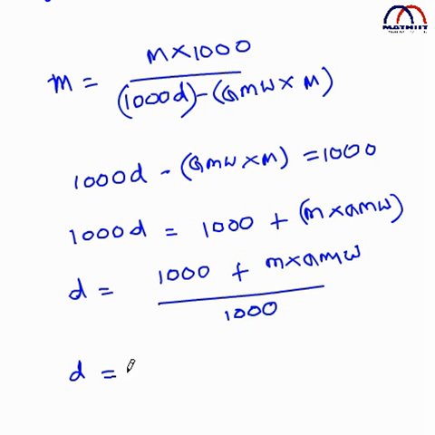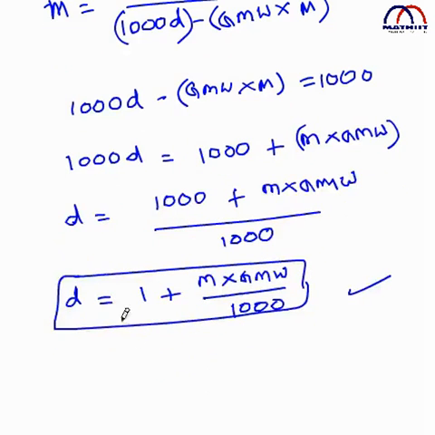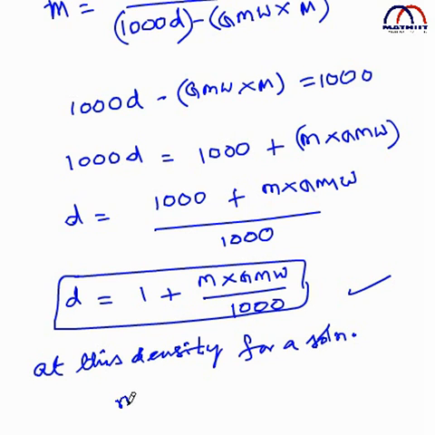This can be written as 1 plus m into gram molecular weight by 1000. Suppose for any solution the density satisfies this condition, at this density I can say that molality is equal to molarity.